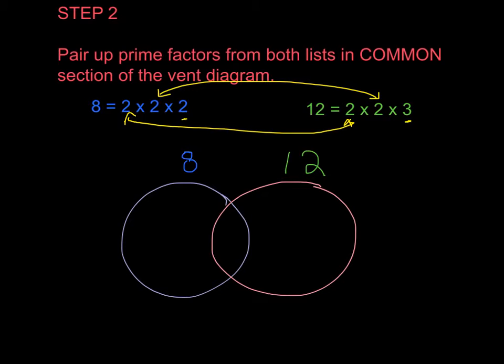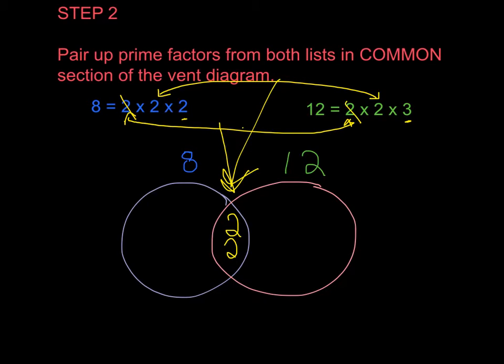We're going to write that in the middle right here. That's the common area that both number 8 and 12 share. Next, our next number is again a pair of 2s, and that's going to go again into the common area with the last one.